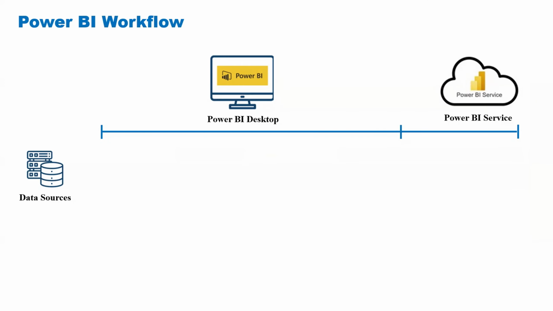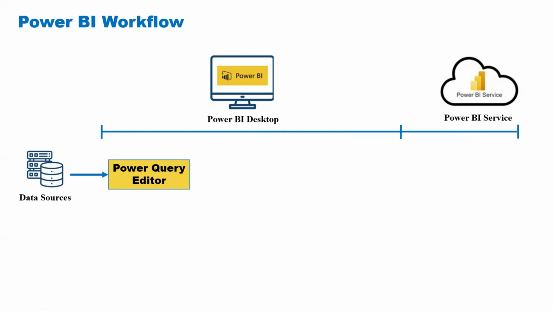Okay, let's move on to the Power BI workflow. The first thing we'll do is take advantage of Power BI Desktop. You'll need to have Power BI Desktop installed on your computer. This is where most of the core work happens. Inside Power BI Desktop, we'll collect raw data from one or multiple sources, import it, or connect directly to it.